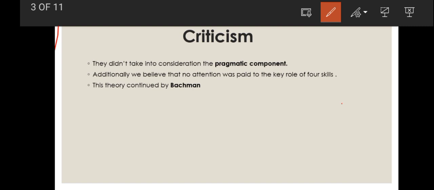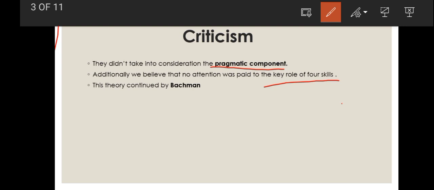She was not able to present the pragmatic competence. So Bachman was the one who presented the pragmatic component of the communicative approach. He said that Swignen was not able to propose the pragmatic component, and additionally he believed that no attention was paid to the four skills.